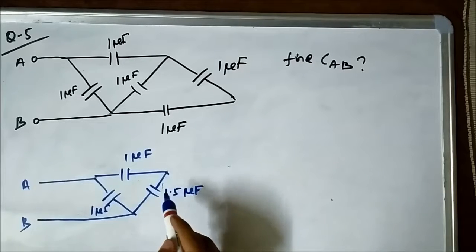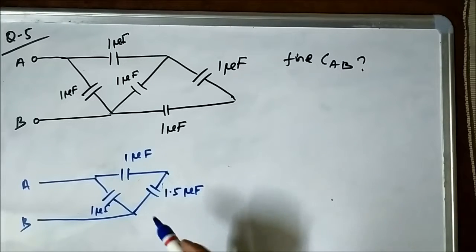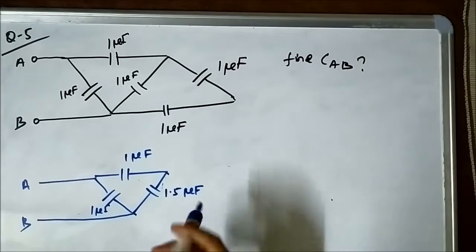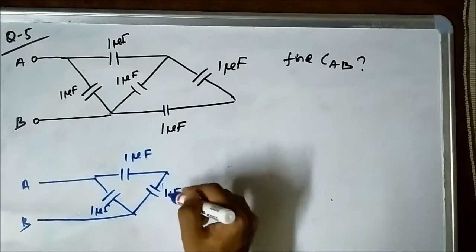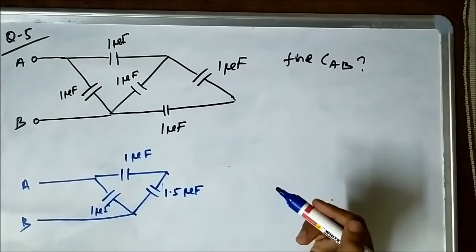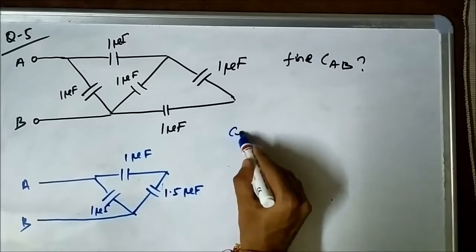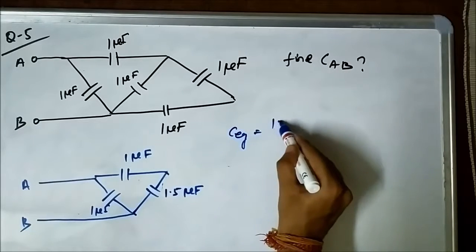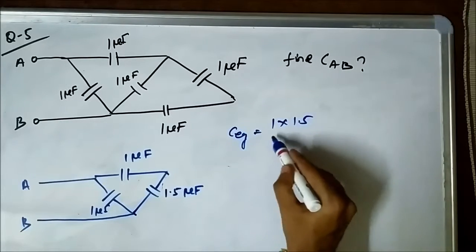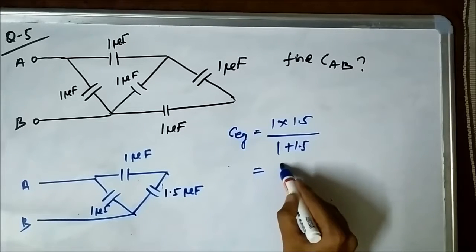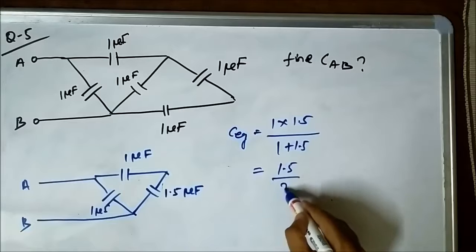Now, this 1 microfarad and this 1.5 microfarad, they are connected in series. There is an end-to-end connection pattern. So the equivalent capacitance will be 1 into 1.5 by 1 plus 1.5, which is simply 1.5 by 2.5.